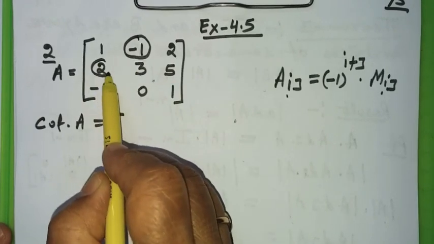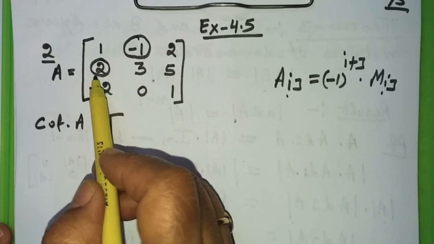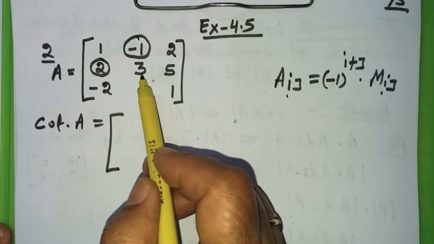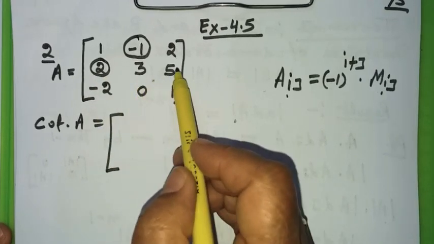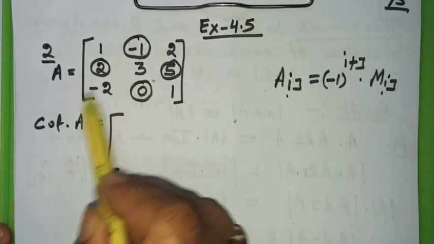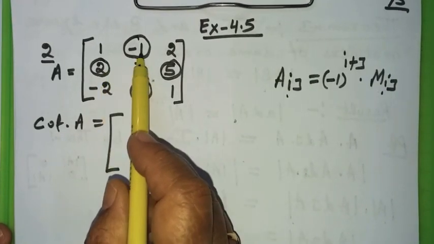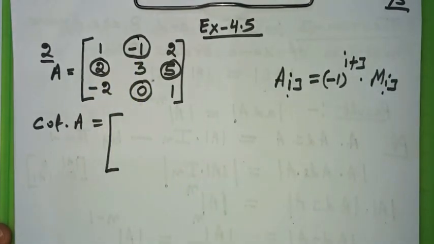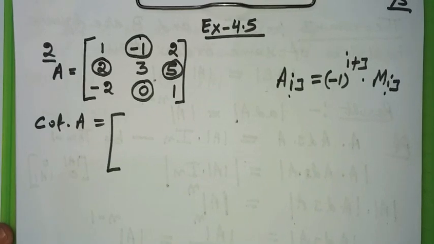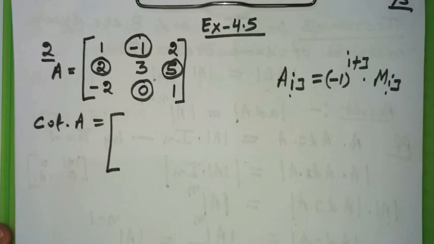This is again 2 plus 1, this is A21, 2 plus 1 is odd, so minor and cofactor will be negative of each other. A22, 2 plus 2 is 4, minor and cofactor will be the same. Here minor and cofactor will be negative of each other, and here minor and cofactor will be negative of each other. So you can see for these circled elements, the minors and cofactors will be negative of each other, and for the rest of the elements minor and cofactor will be the same.